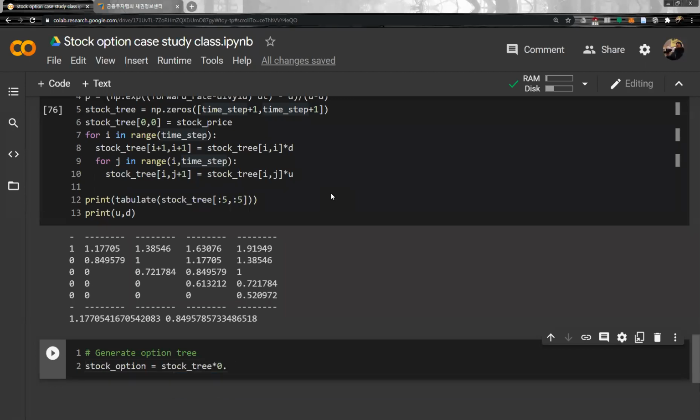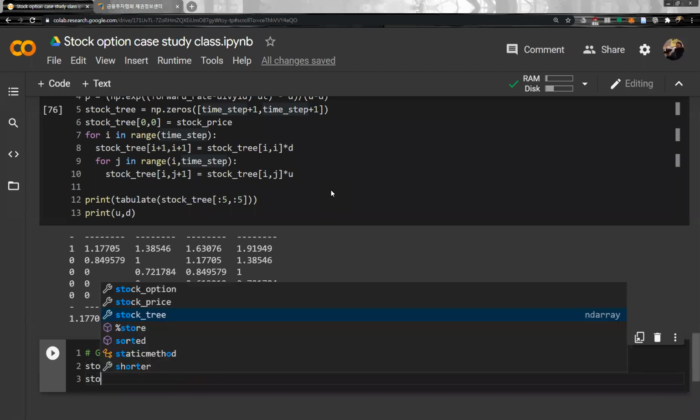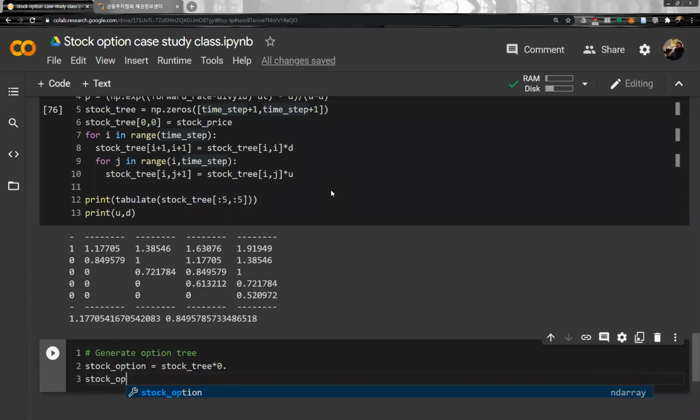And then at the last moment, I know it is a call option, so the stock option for terminal value, for terminal period minus 1, terminal column.